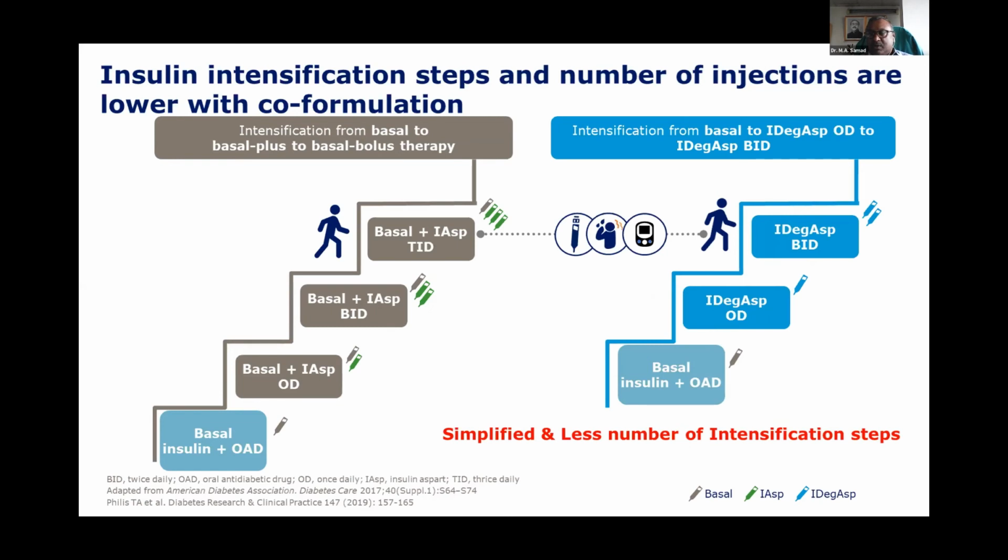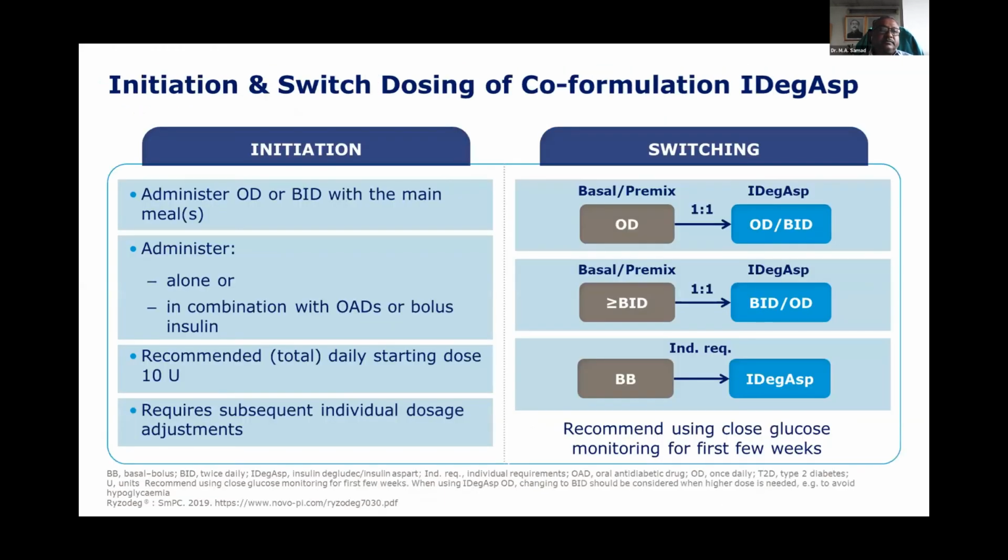If control is not there, then you can go for IDegAsp twice daily, and then intensify according to blood glucose level. There is some recommendation that if you are taking this co-formulation, you have to wait for a few weeks to stabilize the dose. And if you want to switch from any regime to IDegAsp, dose to dose replacement is required.